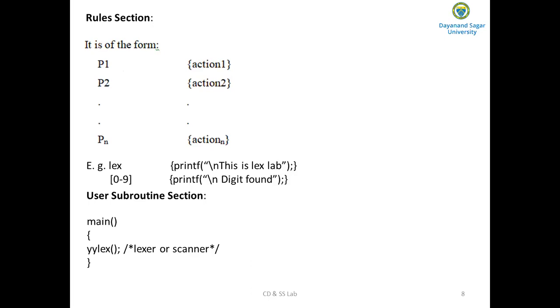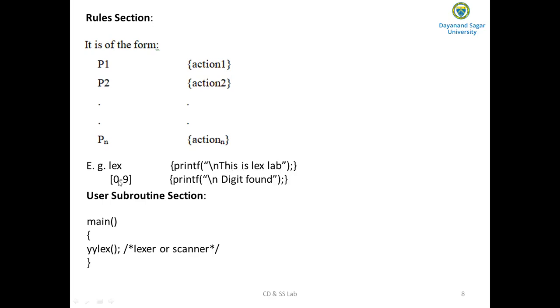Some examples of rules. Say the pattern is lex, followed by the action printf("This is lex lab"). What is the meaning of this rule? Every occurrence of the word lex in the input is replaced by the action, which prints "This is lex lab".